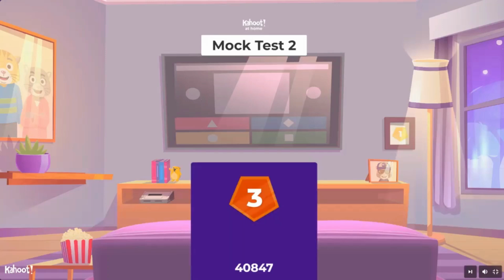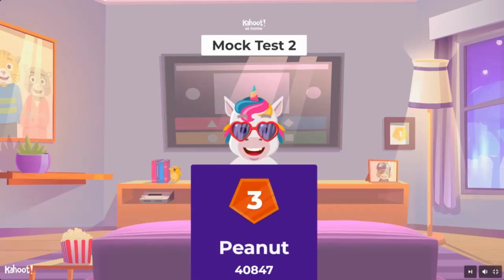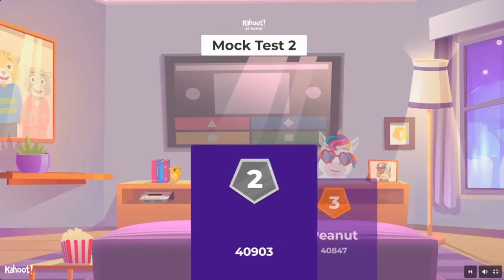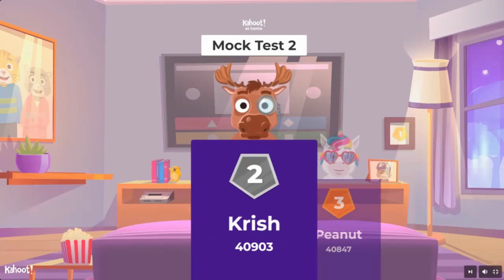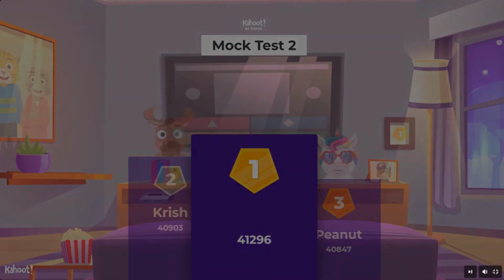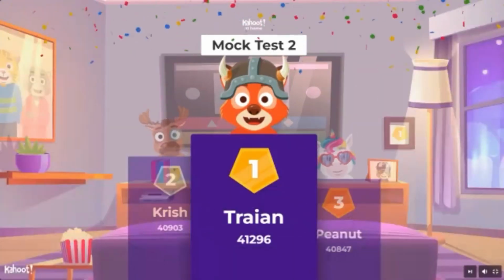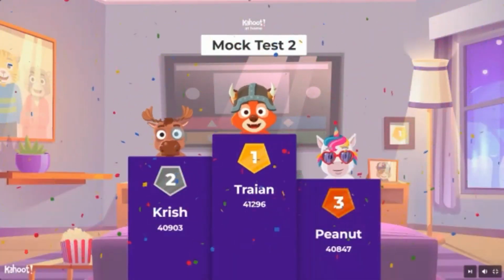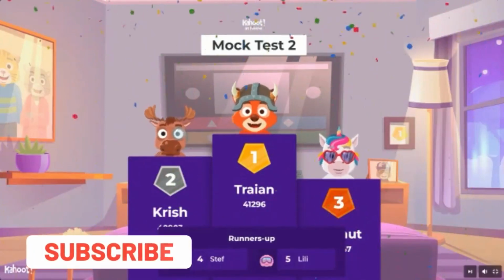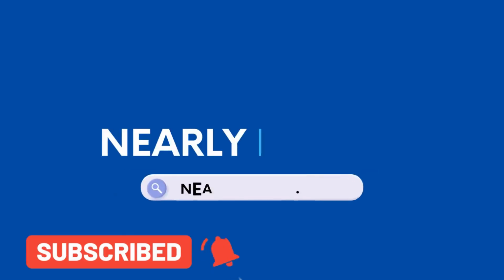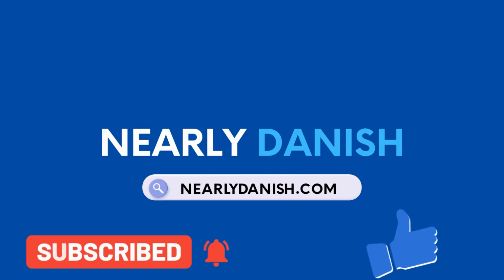Let's have a look at the podium. So Peanut is at number 3, Krish at number 2, and Tran at number 1, I think. Yes. Okay, Steph and Lily, 4 and 5. NearlyDanish.com.